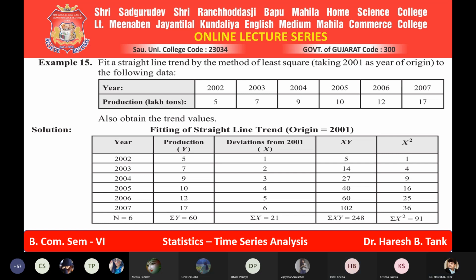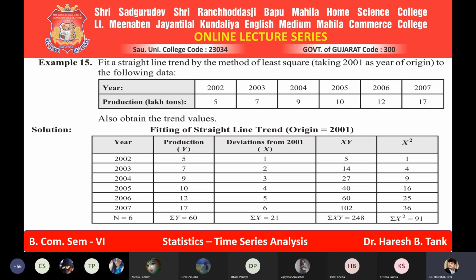Now, do you feel what the columns needed are? First thing first, which are the columns required? Just come back to the equational part. When you were using the method of linear equation or method of least square, at that time you found two equations, right?